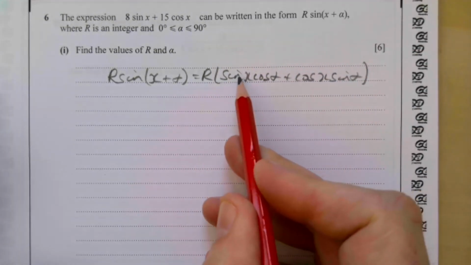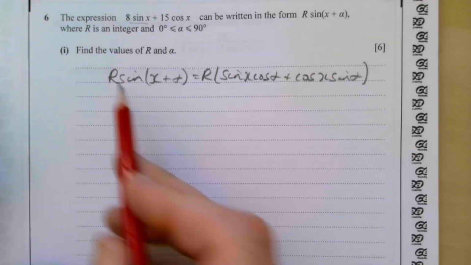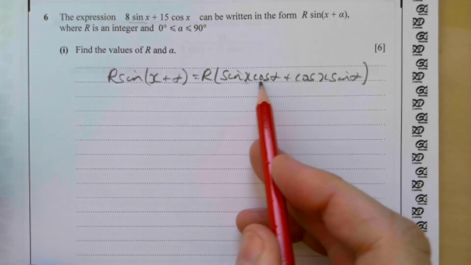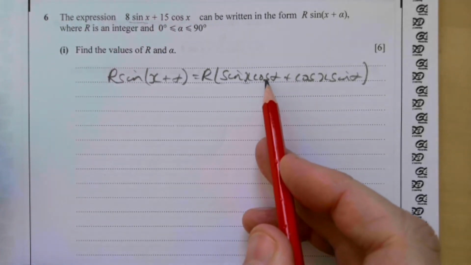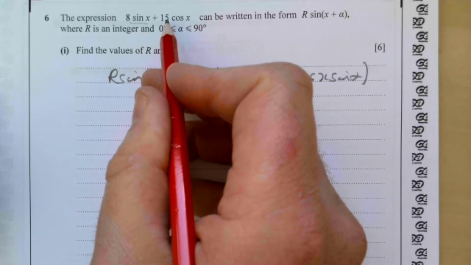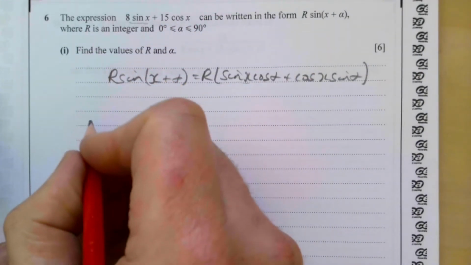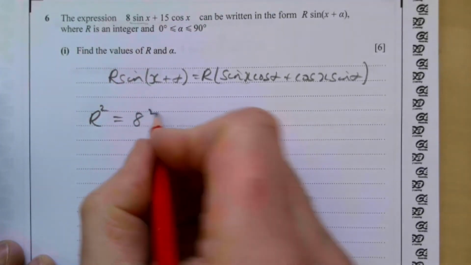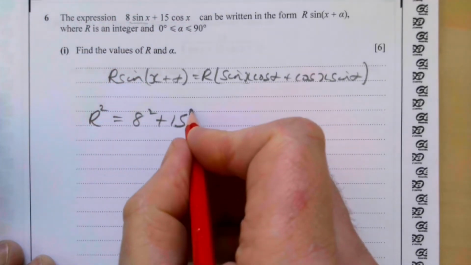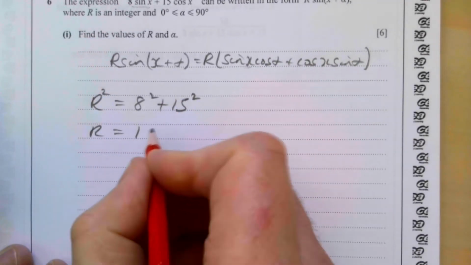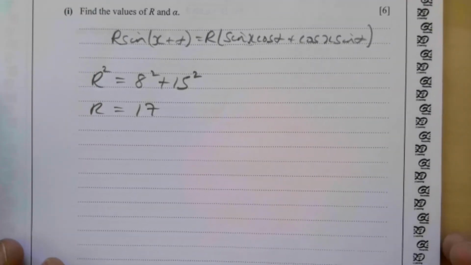And so it's from this that I can see there's the sine x and there's that, and so the 8 over whatever it's going to be is going to be the cos alpha, and so on. 8 and 15 are two parts of a Pythagorean triple, so we can work that out. We know r squared is going to be 8 squared plus 15 squared, and it gives you an r value then of 17.